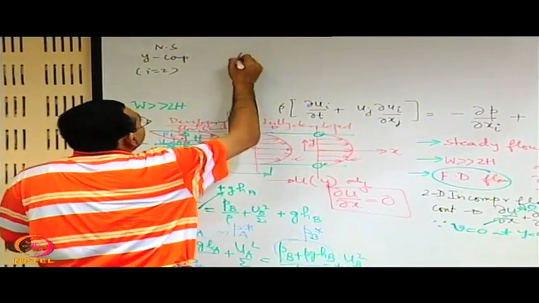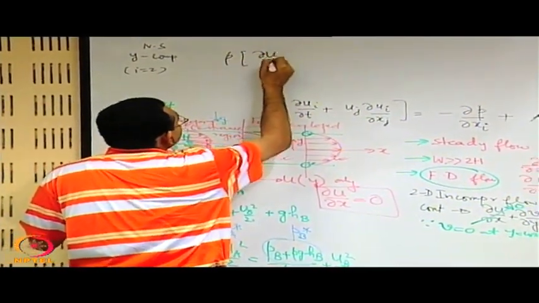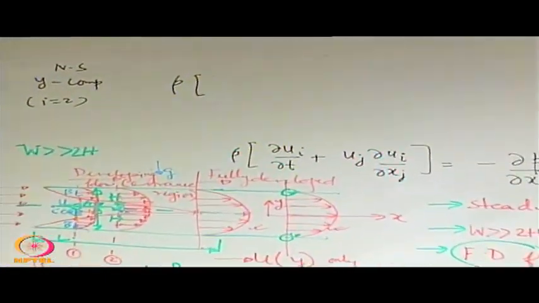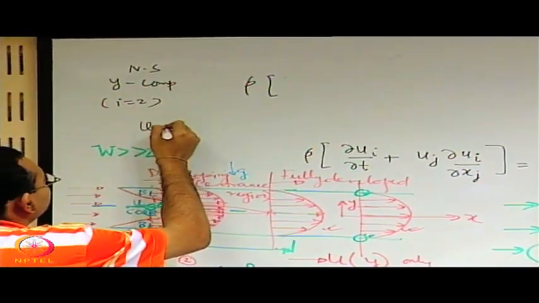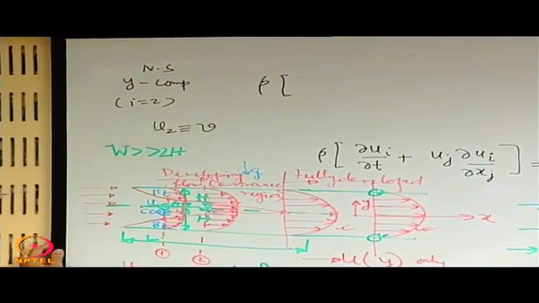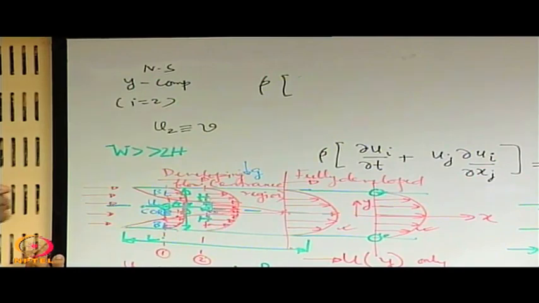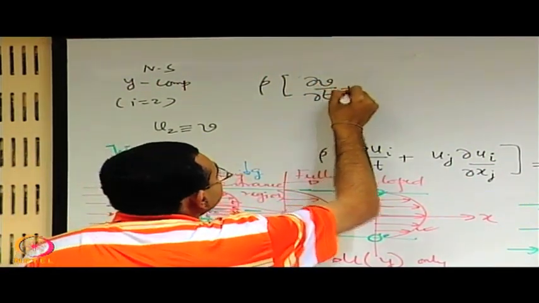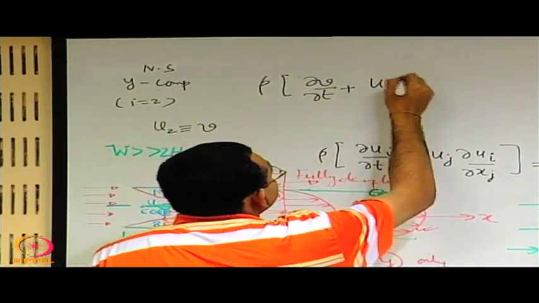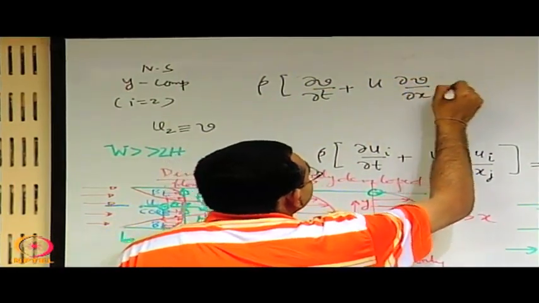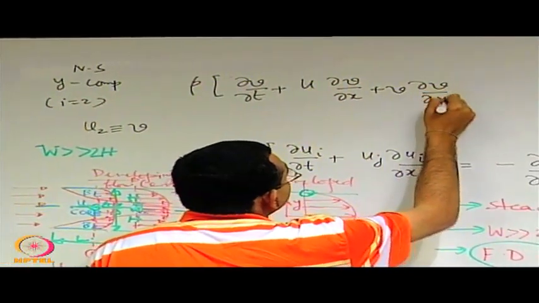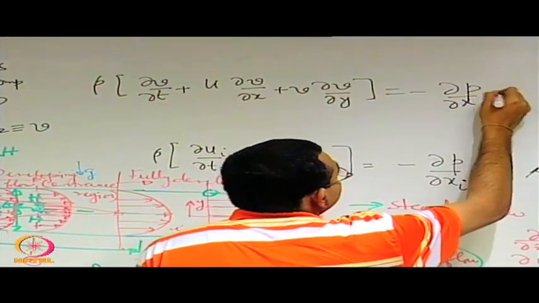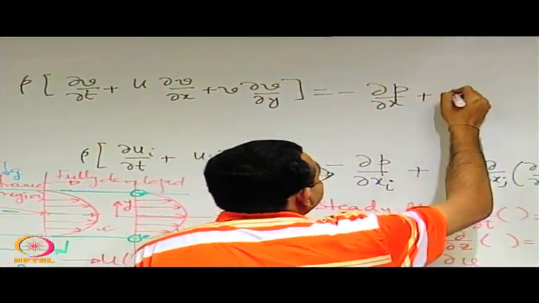So, you have rho, and u2 is the velocity component along x2, which we give an identical name as v. U, v, w are the velocity components which we use as simple notations. We are also assuming constant properties.